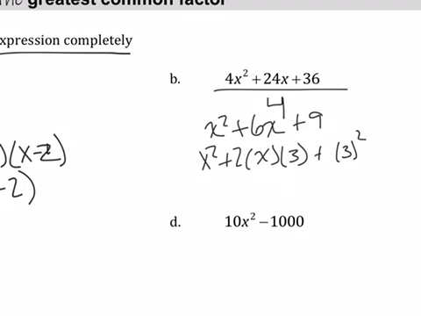If I simplify this out, would that be x squared plus 6x plus 9? Would it be the same thing? Yes, it would. So that expression factored out will end up being x plus 3 squared. But we can't leave it like that because remember we took a 4 out of that. So it's going to be 4 times x plus 3 squared. Let's try another one.